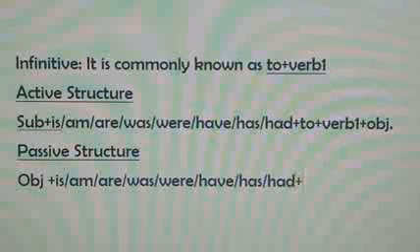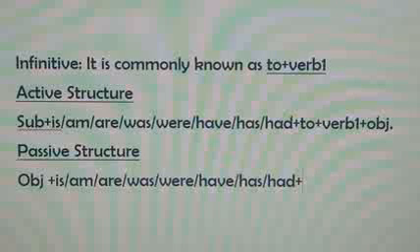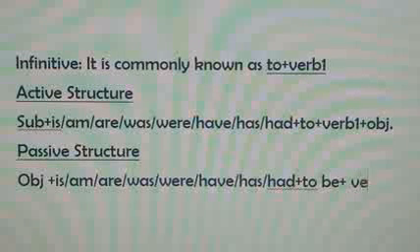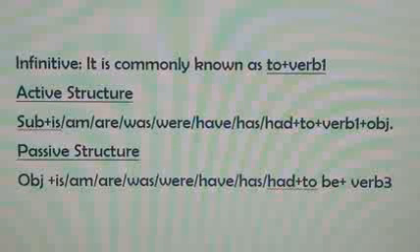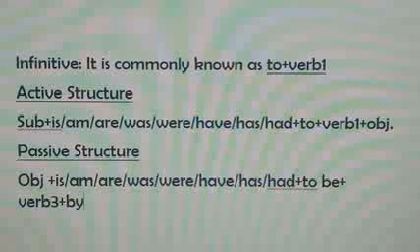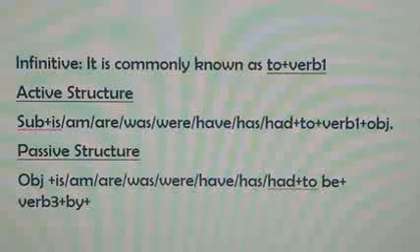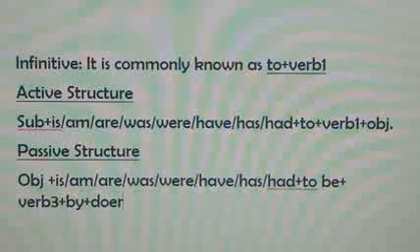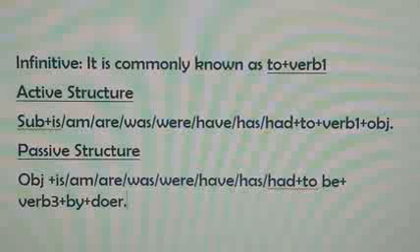And then, dear children, we need to add "to be", and as we already know, in the passive form we need to use the third form of verb. Then I will add "by", and then the selective doer. So dear children, for infinitives this will be the passive structure.